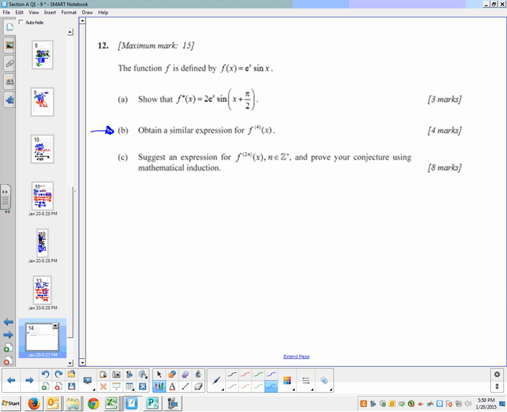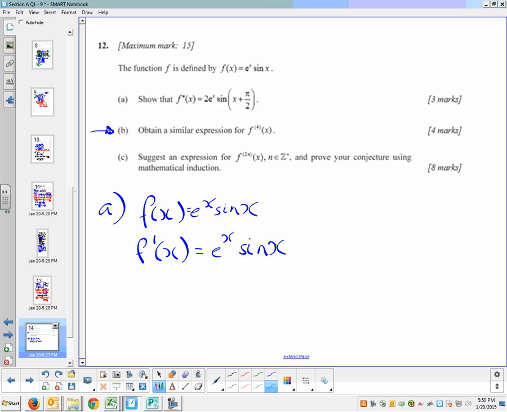So, part A, f of x is e to the x sine x. Differentiate that using product rule. You get e to the x sine x plus e to the x cos x. Differentiate it again because, although it's not clear, this says f double dashed of x.